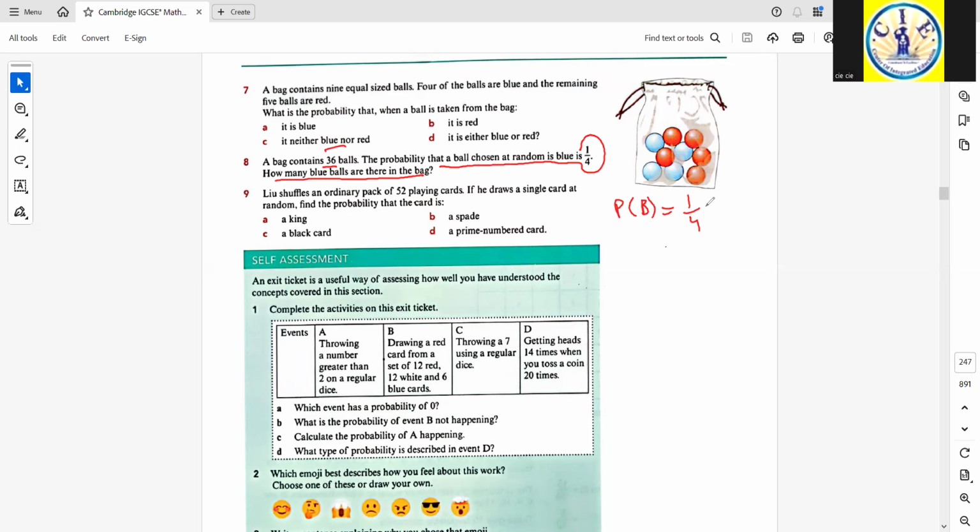So out of these 36, I need to multiply it with 36 so that I can get 4 9s are 36. So probability of blue was actually 1 by 4th. So the number of blue balls that I can expect is 9. 9 are blue balls.